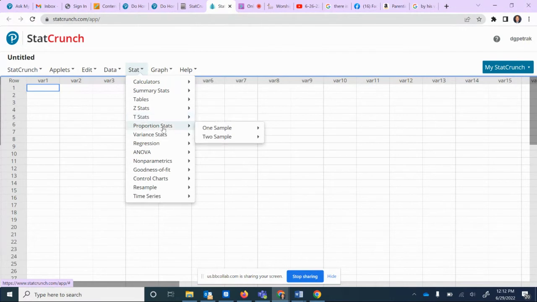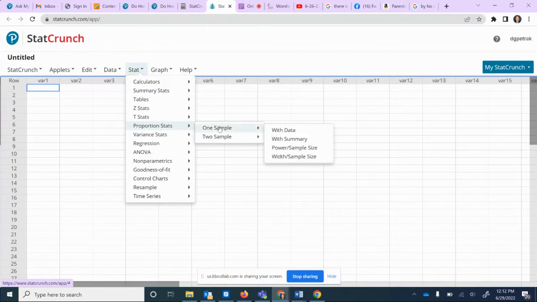So with proportions, do we have one sample or two samples? Well, I only saw one survey, so I really only have one sample here. I do know a population proportion that I could compare it against, like historically, but that's the population proportion, not the sample proportion. So I only have one sample.